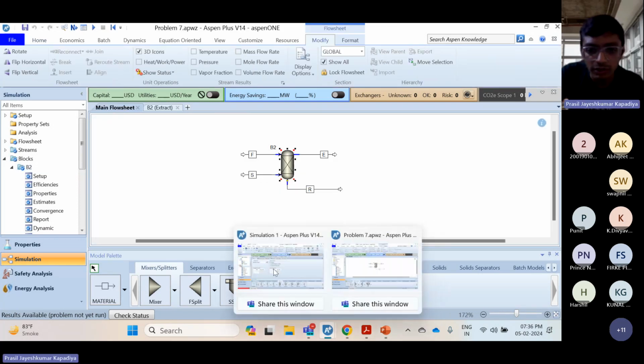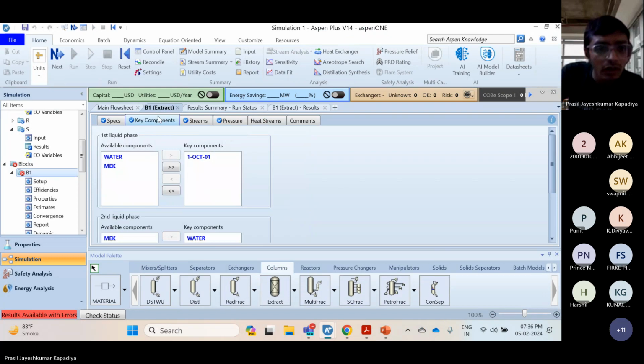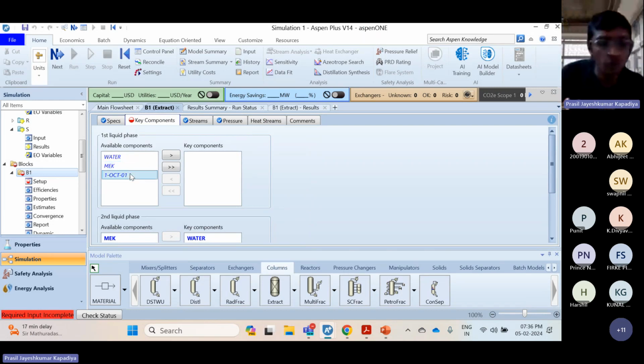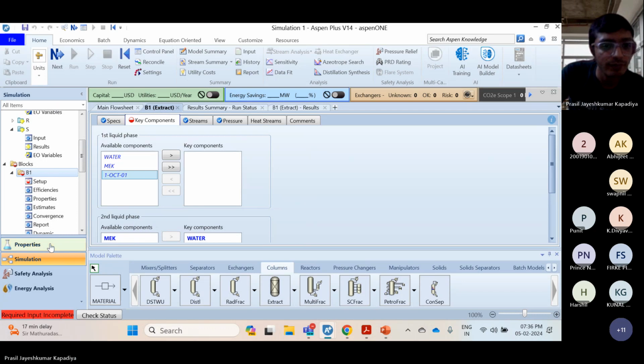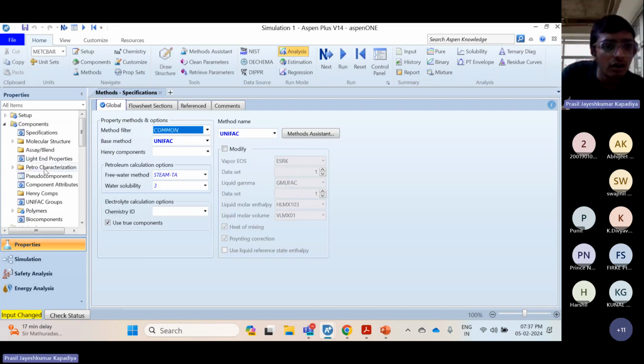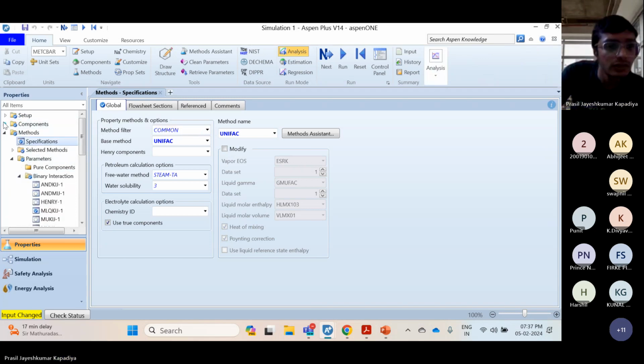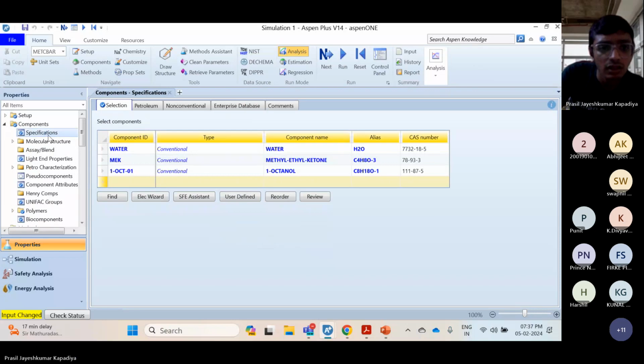I don't know why it's not running. We have added octane or it's octanol. Wait. Components. Specification.